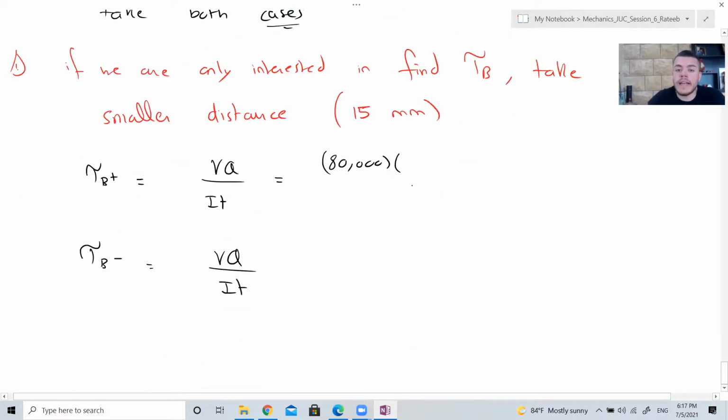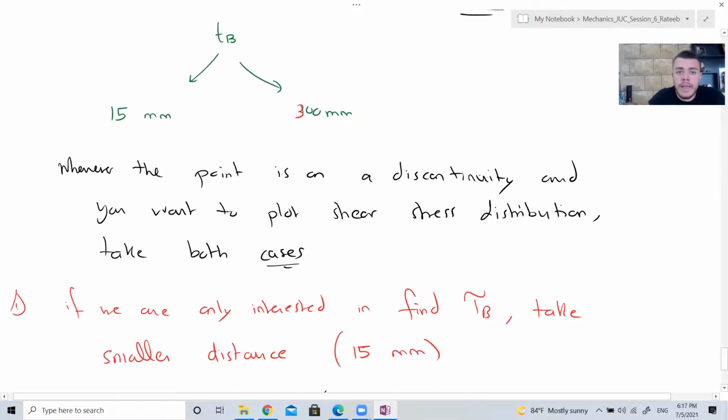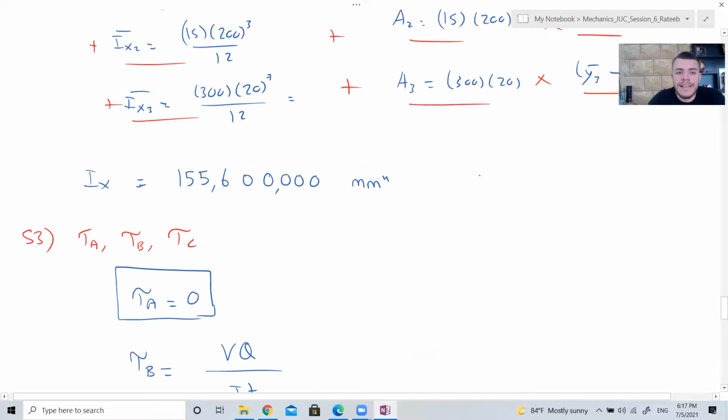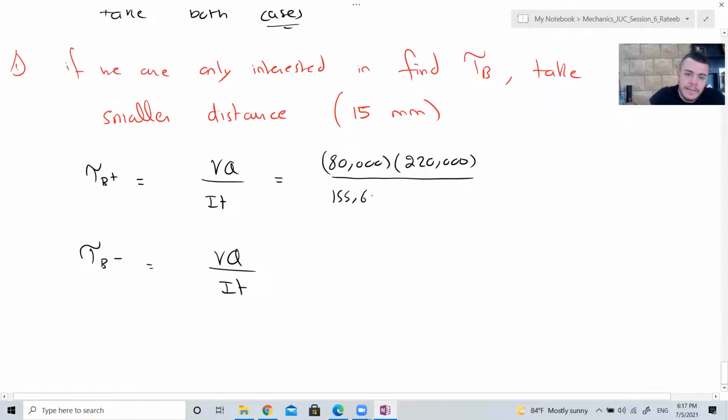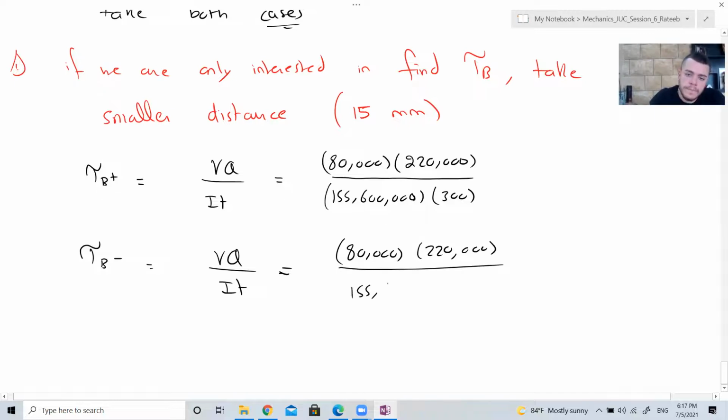It is 220,000. What is I for the cross section? It is 155,600,000. Here we take 300. Here, same numbers, however T is going to be 15.